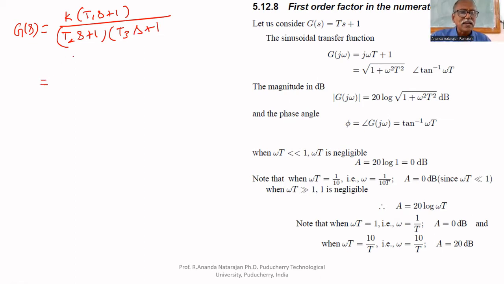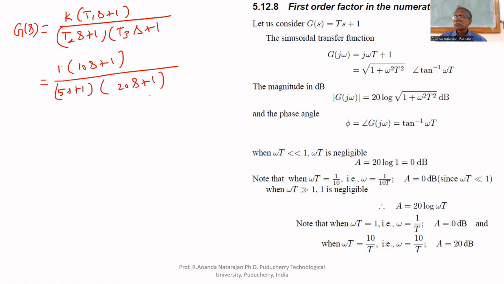Now, let us consider K equal to 1 and tau 1 equal to 10, so 10s plus 1. Here we will get 5s plus 1, and here we will get 20s plus 1.